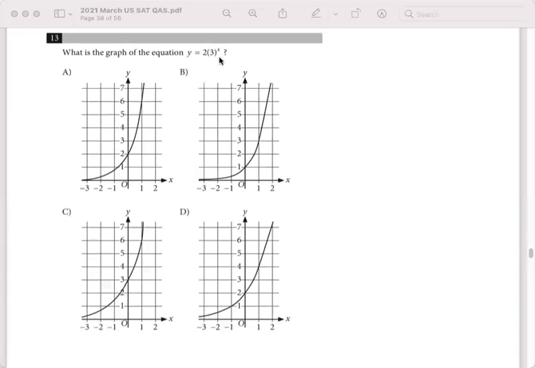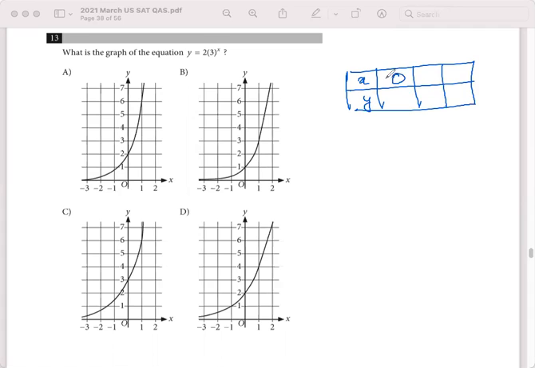Okay, question 13. What is the graph of the equation y is equal to 2 times 3 to the power x? Okay, so here we can work with some points. So let's make a quick x and y comparison. Let's say x is 0, then 3 to the power 0 is 1, into 2 is 2.